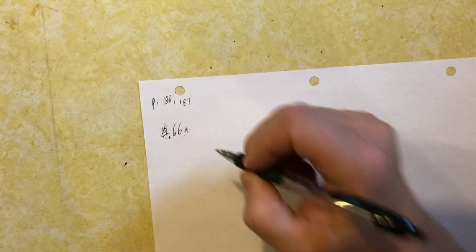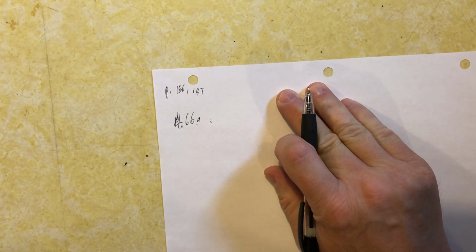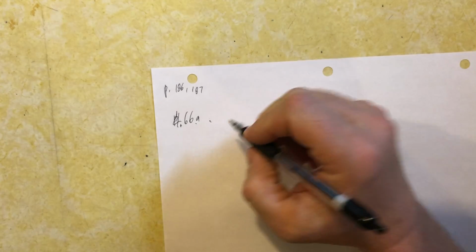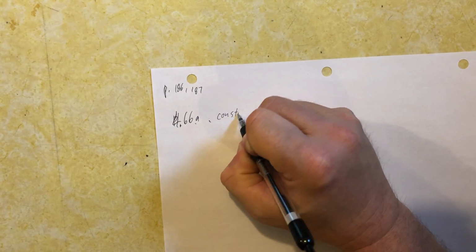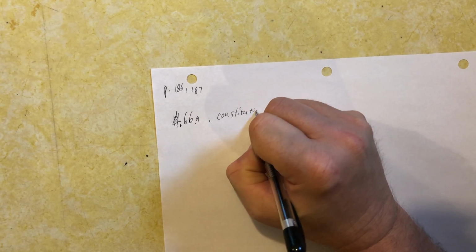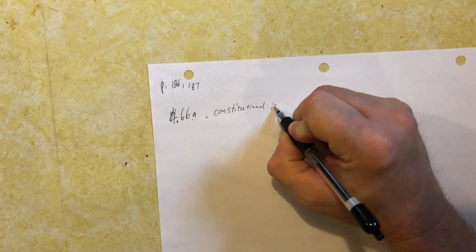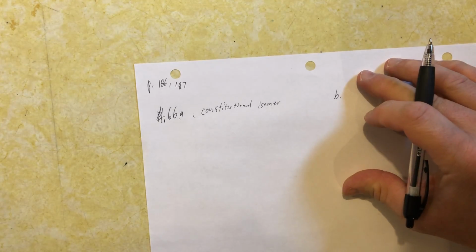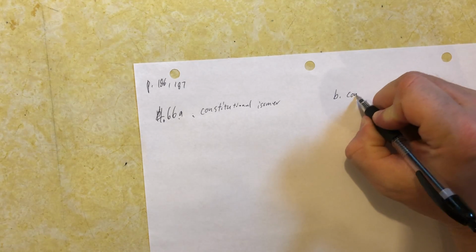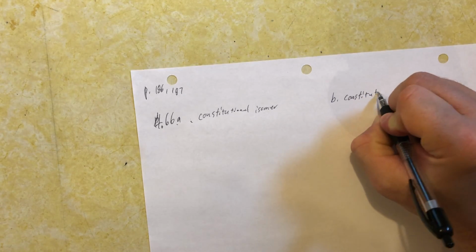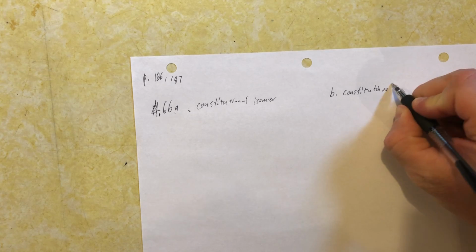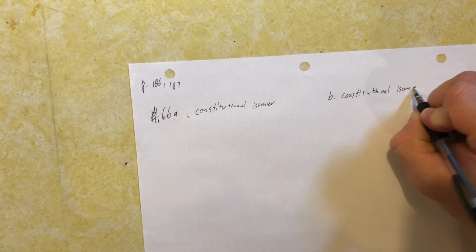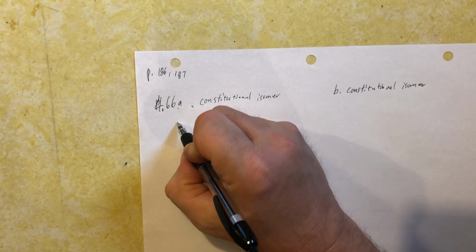Number 4.66a, I came up with that one was a constitutional isomer. And for B, the second one, I came up with the constitutional isomer. Again, let me know if you disagree on one of these.